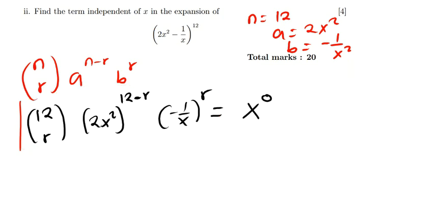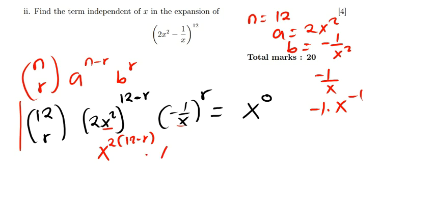Now, we know that this one can be written as, in this case I'm going to just ignore the coefficient, you always ignore the coefficient, because we are only interested in x. We are trying to find the value of r, so we are just interested in x, even here in x. But now this is going to be x to the power 2, then I have 12 minus r. This is negative 1 over x, which is the same as negative 1 times x to the power negative 1.